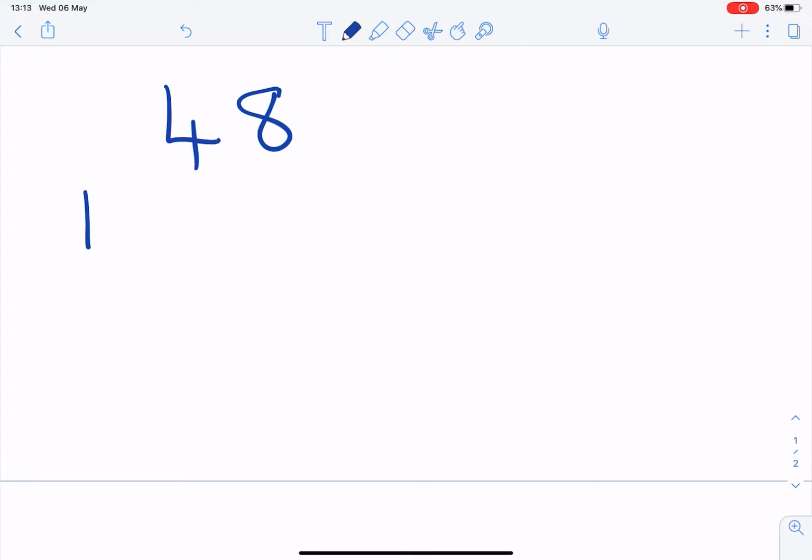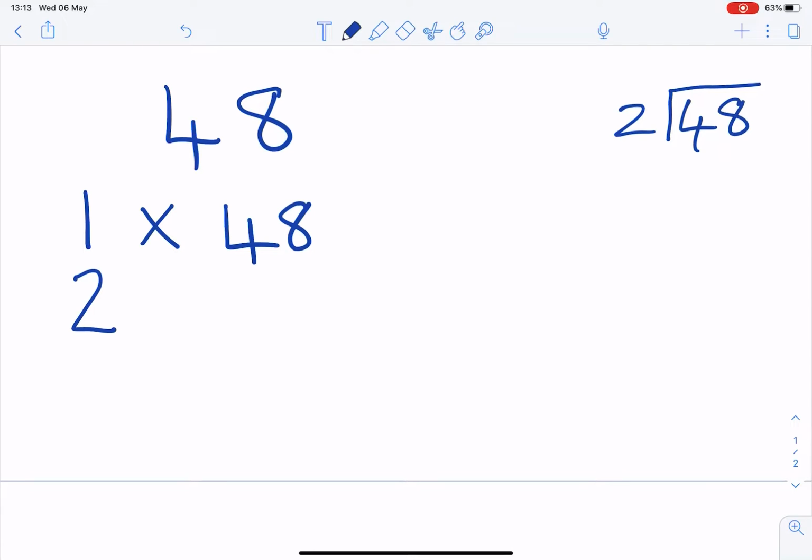So let's look at number 1. We always start with number 1. Start at the beginning. 1 times 48 is 48. Let's try 2. Does 2 fit into 48? Well, if you're not sure, you can do a little sum. Yes, it does. 2 times 24 is 48. Let's look at 3.